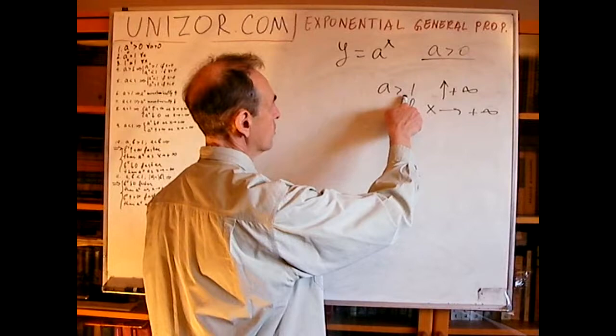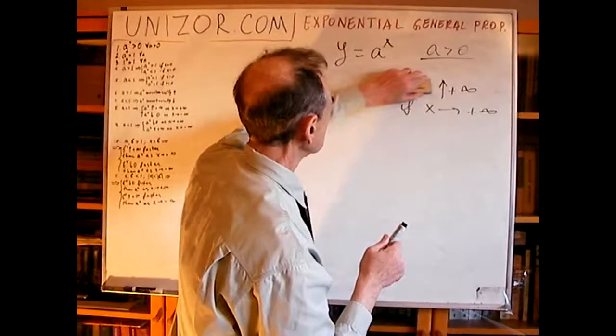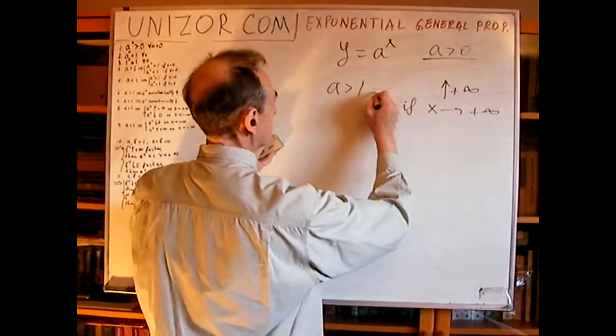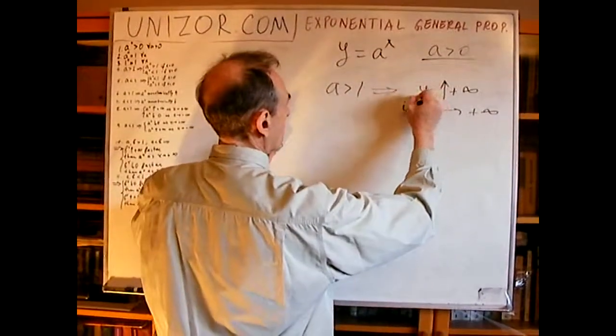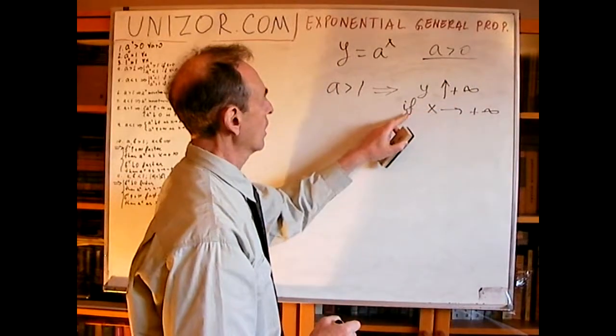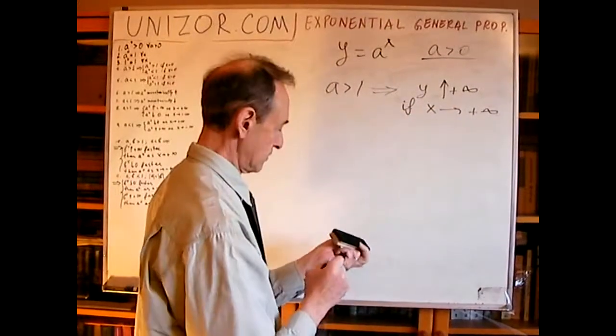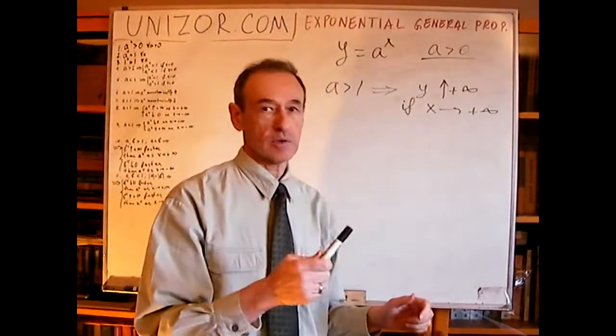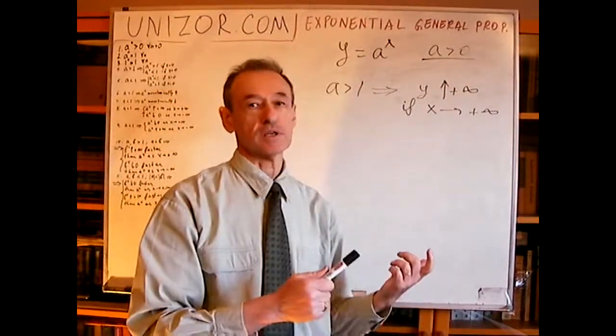If base is greater than 1, therefore y goes up to plus infinity when x goes to plus infinity. So it's not only monotonically increasing, but it's increasing to infinity.